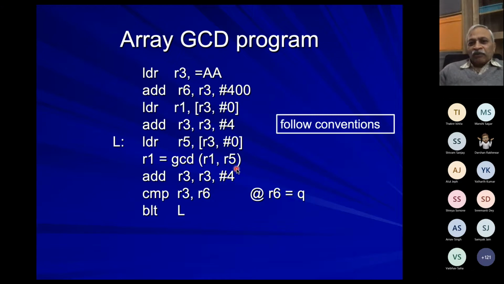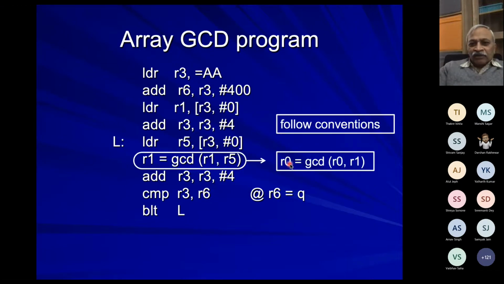We like to pass the parameters in R0 and R1 as per the convention. Actually, the program could still work if you use R4, R1 and R5. Hardware will not complain. But I'm trying to show you, if you were to follow convention, how we will use the registers.